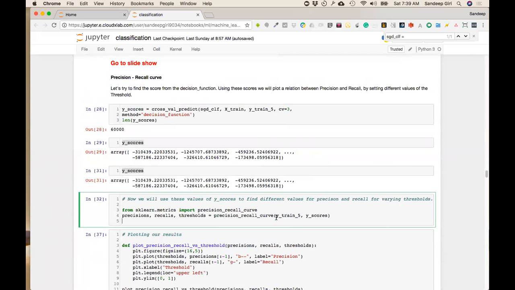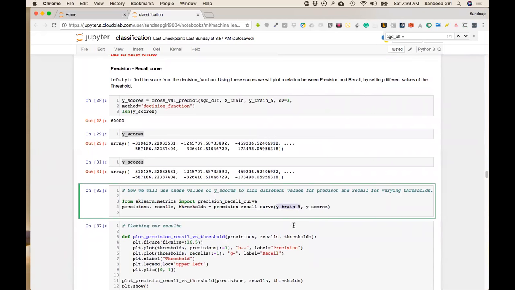We converted our y's into 5 and not 5. After splitting our data, y_train has the labels 0, 1, 2, 3, up to 9, the actual digits.